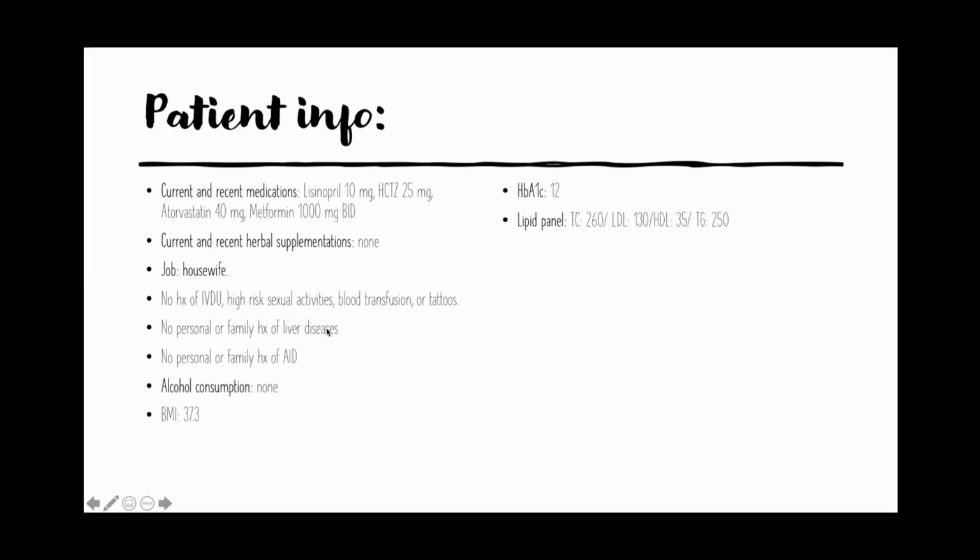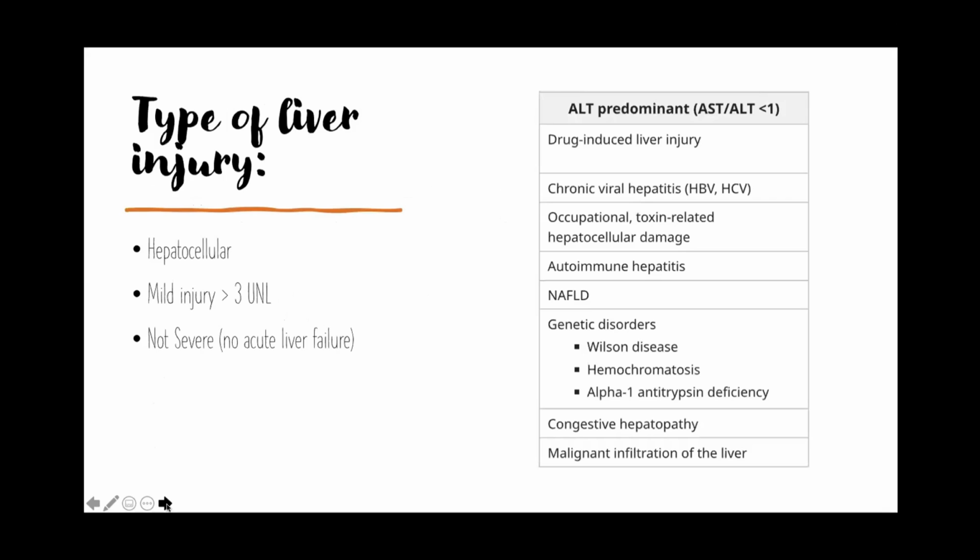No history of IV drug use, high-risk sexual activity or tattoos, no personal or family history of liver disease, no personal or family history of autoimmune disease, no alcohol consumption, and her BMI is 37.3. Her A1C was 12, and the lipid panel was all over the place as well: elevated LDL, low HDL, and elevated triglycerides.